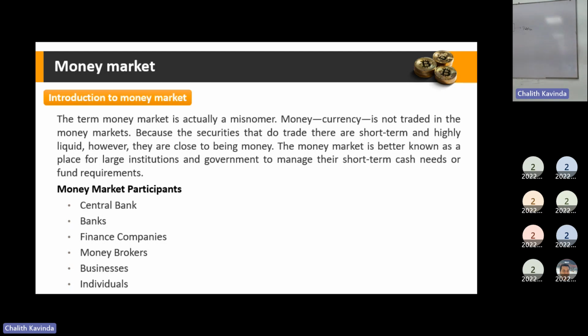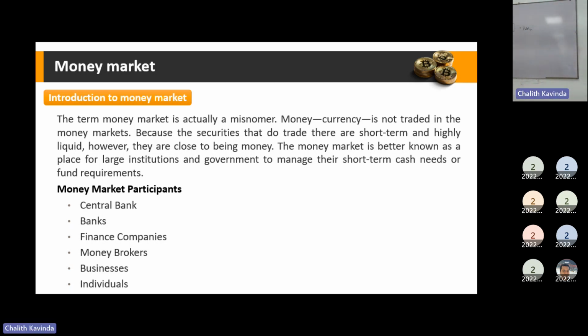Simply, we call it a commercial paper. But the success of this issuance is heavily dependent upon the reputation of the particular company.